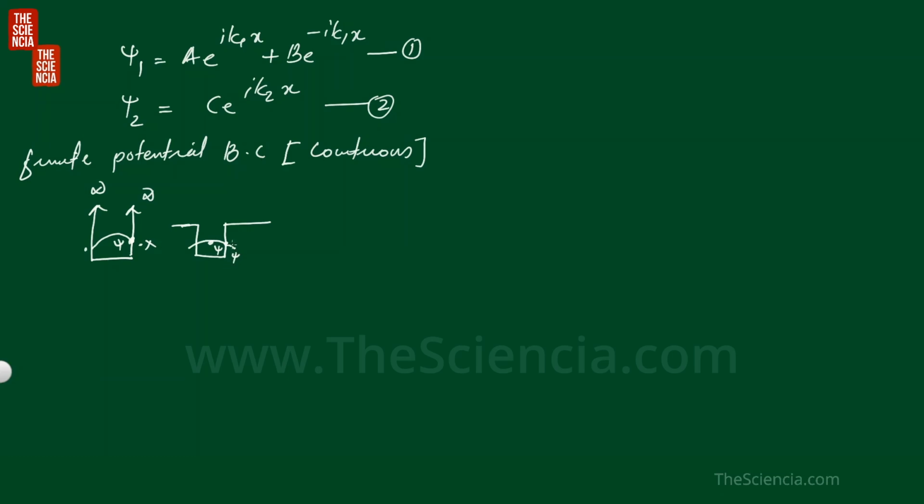They are different, but at this boundary point they will have the same value and their slope also will be the same. So this is the condition of a continuous boundary.